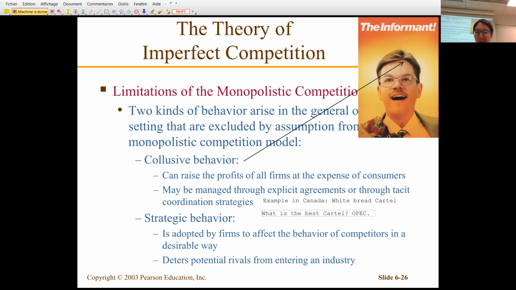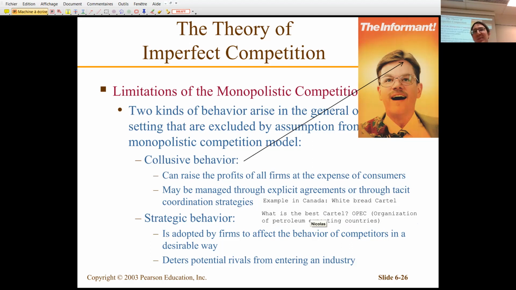So OPEC is the Organization of the Petroleum Exporting Countries. So why is it the best cartel?